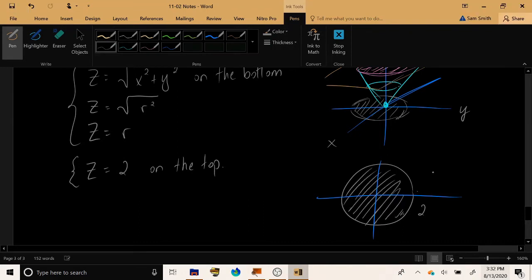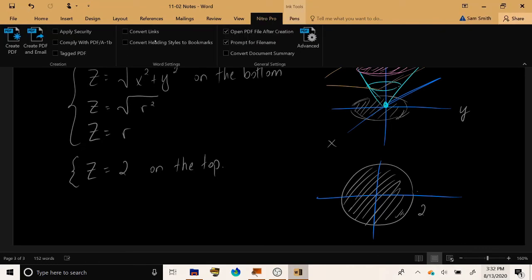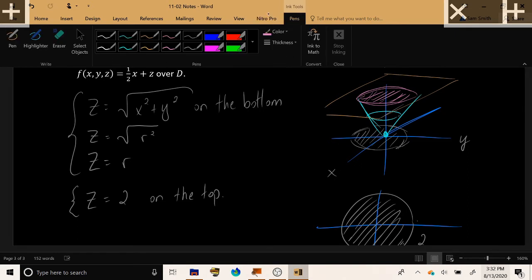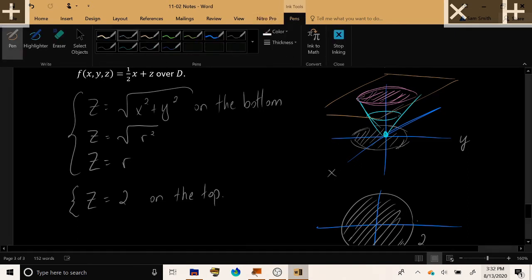And my hint is that this disk, its outer rim, corresponds to the outer limits of this space where the plane and the cone meet each other.